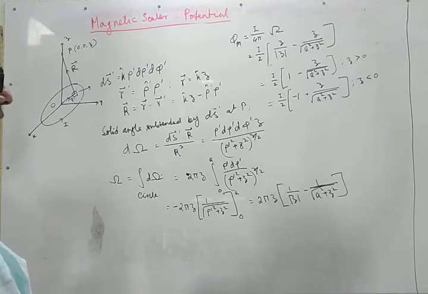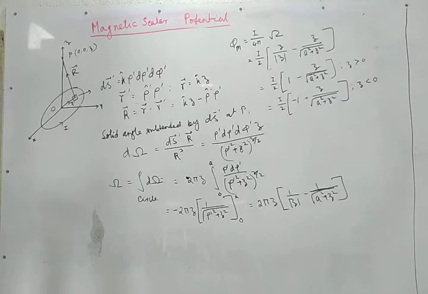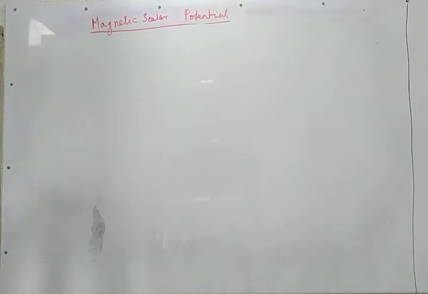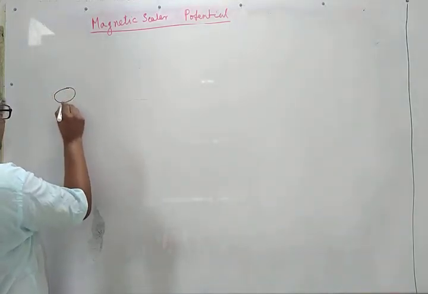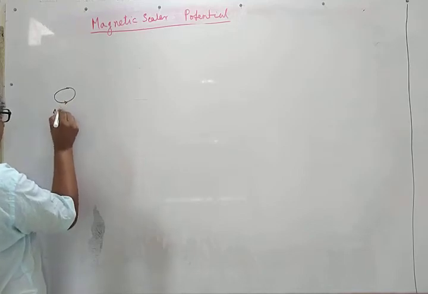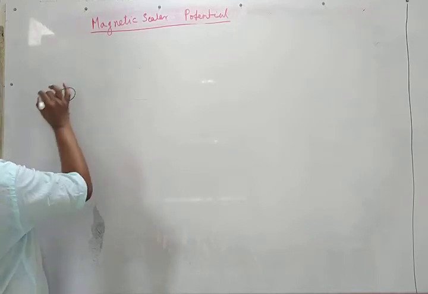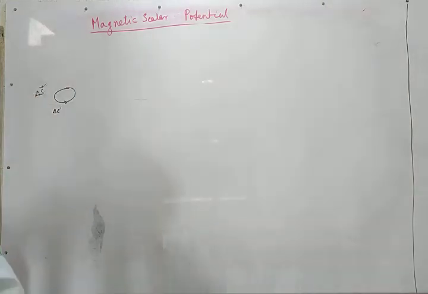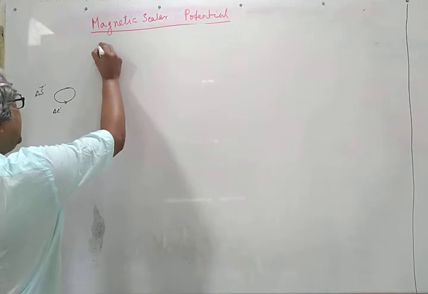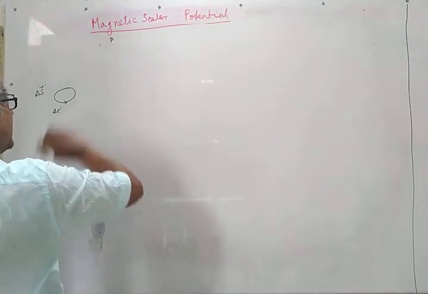If we consider a small current loop, or elementary current loop, delta C prime, which subtends a solid angle, and we want to find out the field at point P which is far away.